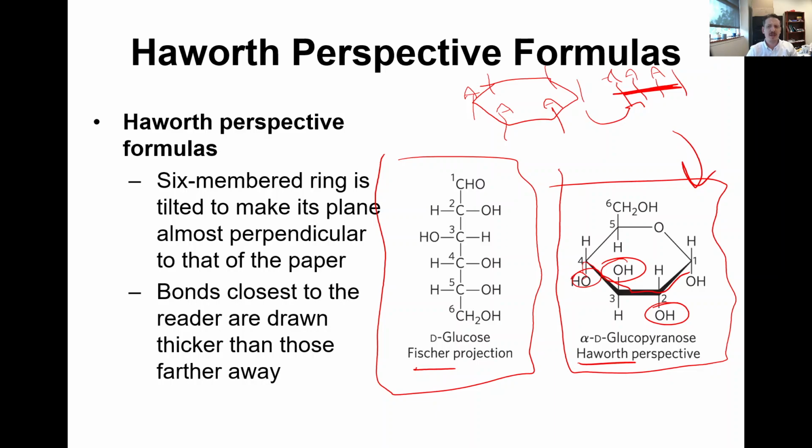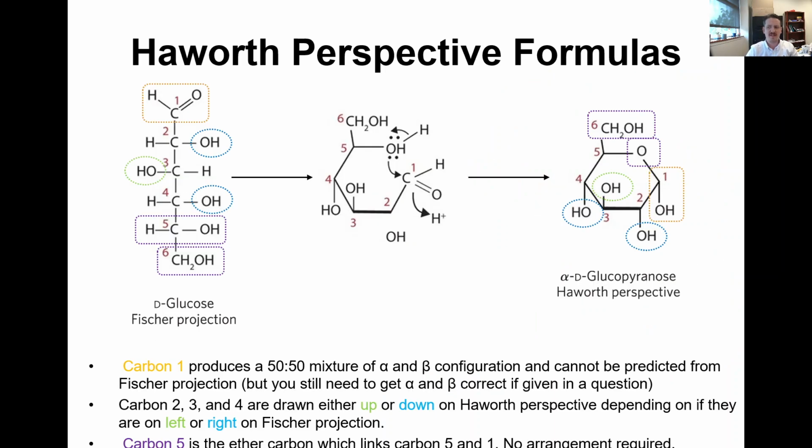And there's some rules that we have for drawing these, and I've kind of broken it down that I hope will help. So first of all, carbon number 1. If we go down, 1, 2, 3, 4, 5, 6, carbon number 1 for glucose, I'm just going to go through with glucose.